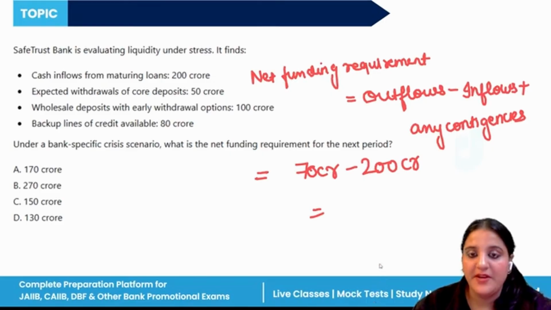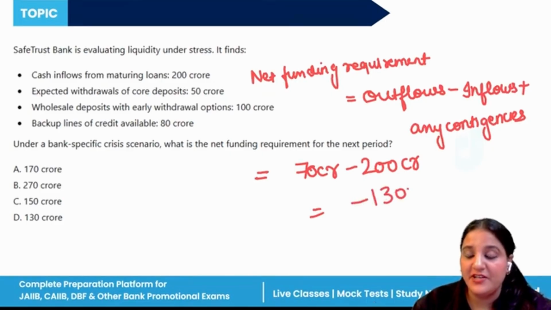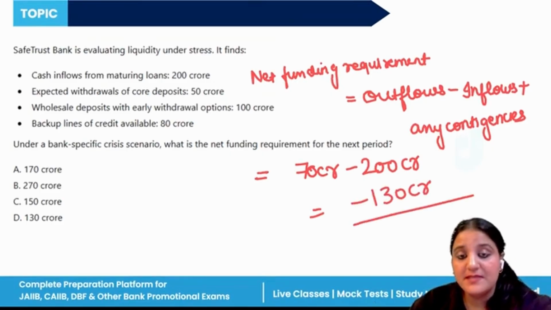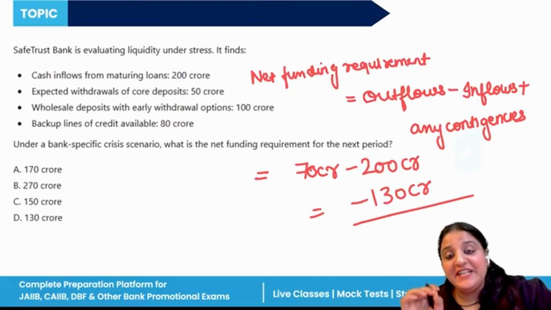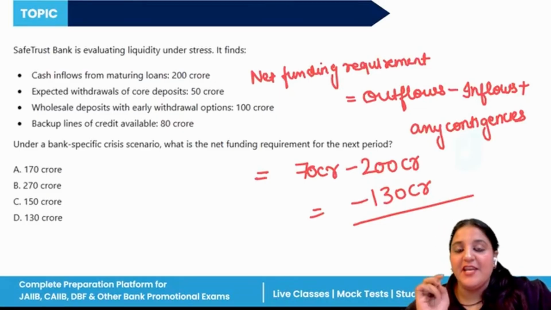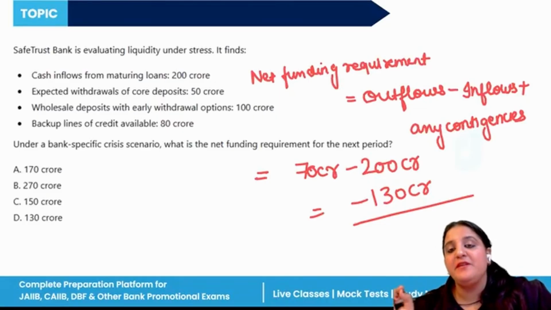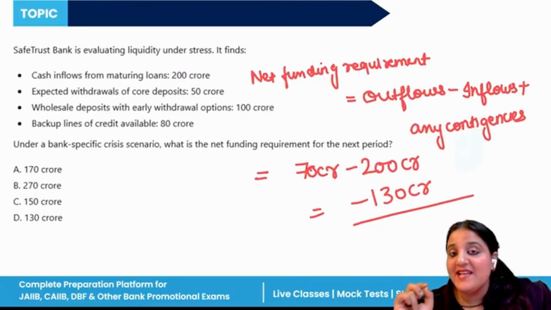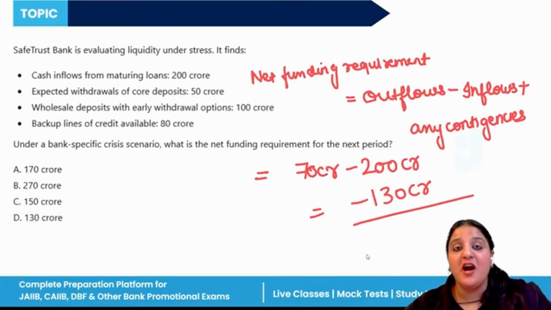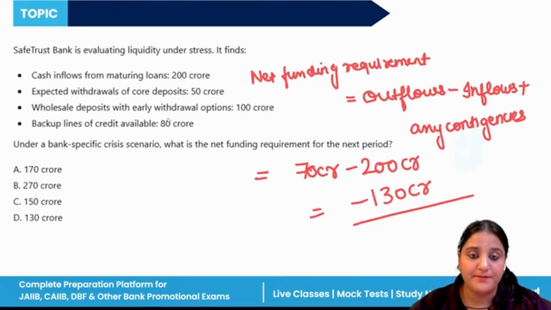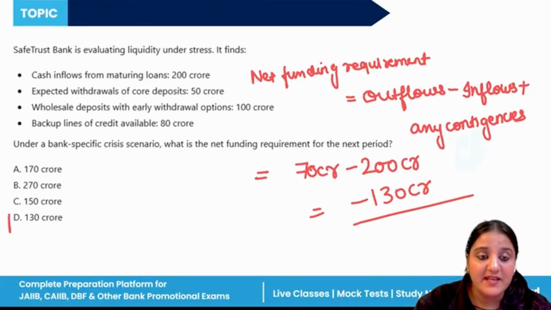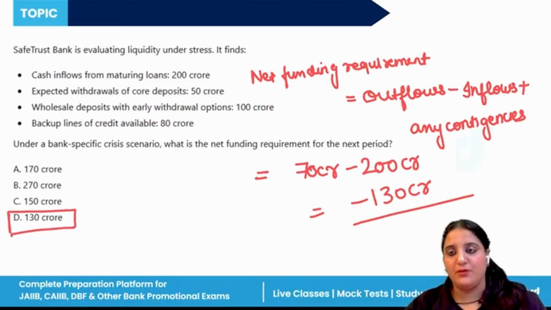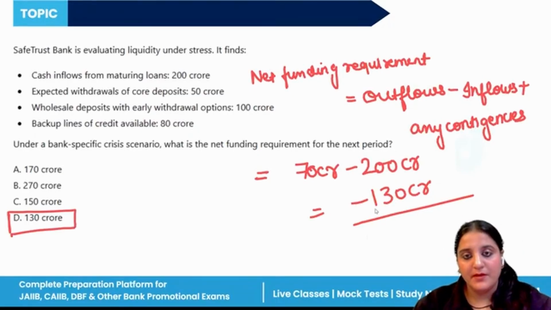Negative 130 crore, which means a negative number indicates inflows exceed the immediate outflows. So the bank has surplus liquidity of 130 crore. So that's why here we can say option D is correct, 130 crore. Clear?